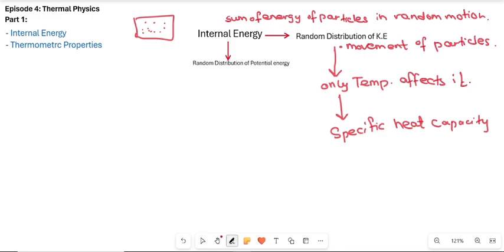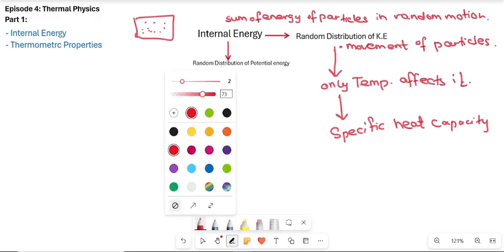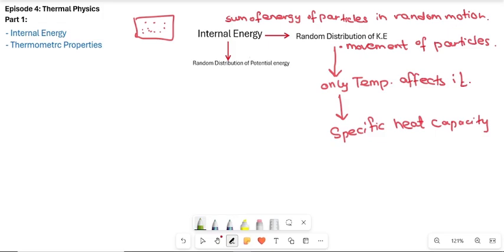Now let's come to potential energy. Now what do we mean by potential energy? Potential energy refers to the intermolecular spaces.